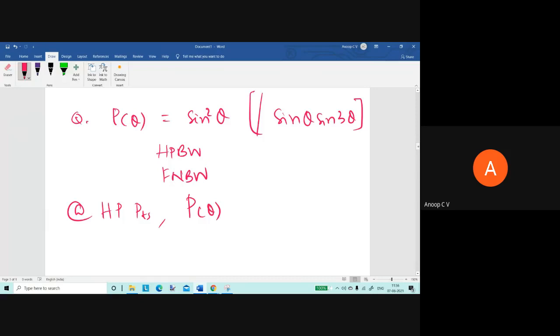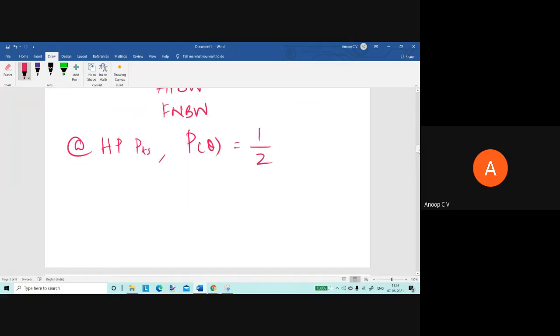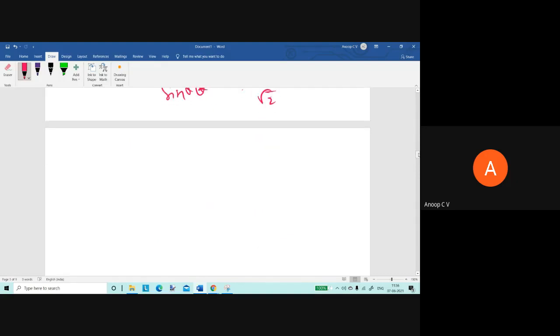P of theta is equal to, so this maximum is 1. So it should be equal to 1 by 2, or 1 by root 2. 1 by 2. So you have to equate, right? Sine square theta is equal to 1 by 2, which implies sine theta is equal to 1 by root 2, and theta is plus or minus sine inverse of 1 by root 2.